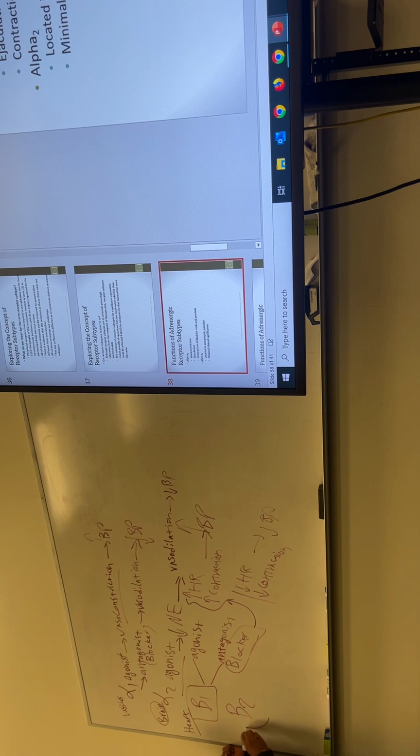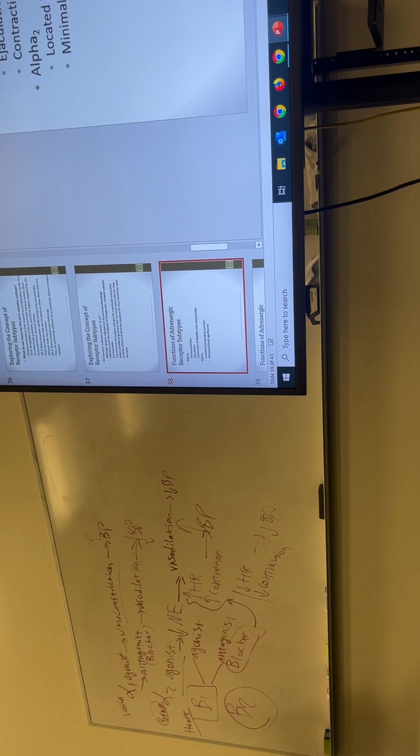Now we're moving to the beta 2. Where is the beta 2 located? Uterus, lungs, liver, right? Does beta 2 have anything to do with blood pressure? No. This is the only adrenergic receptor that has nothing to do with blood pressure. So it's part of the adrenergic receptors, but it does not have anything to do with blood pressure.